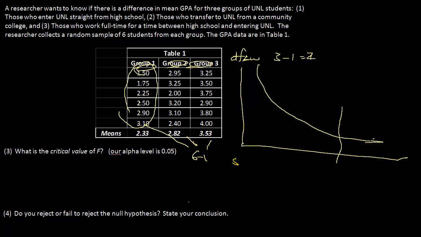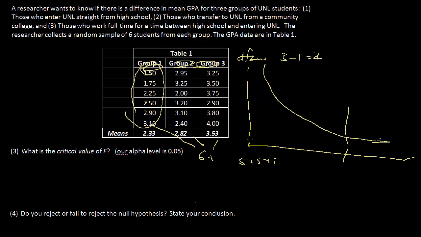So 5 plus 5 plus 5 equals 15. That's the degrees of freedom within.